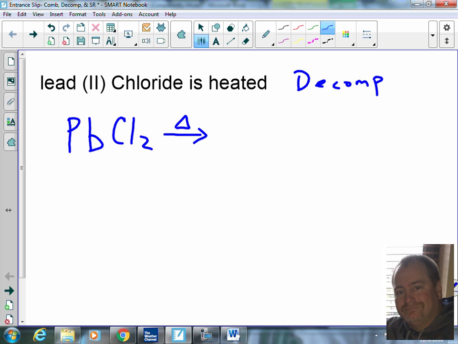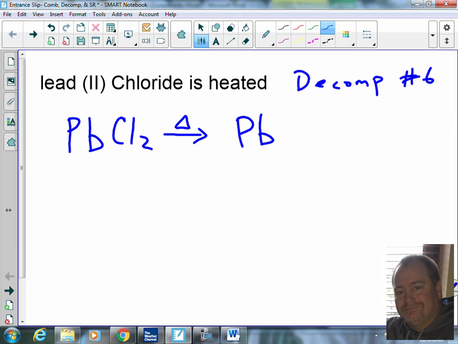Specifically, what number decomp is this? Number 6. It is just the decomposition of a binary compound, and it gives me my 2 elements. So, it's going to give me lead.